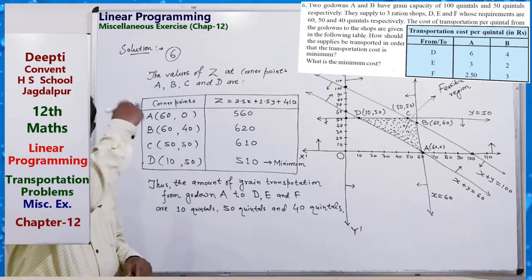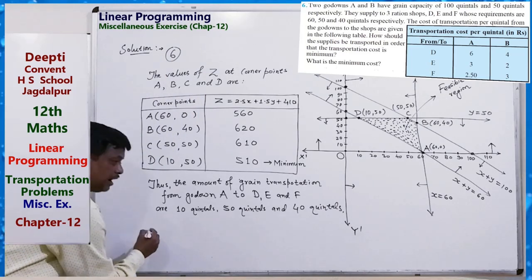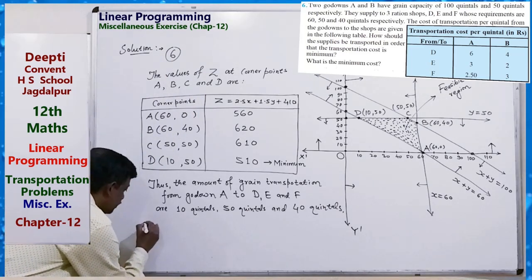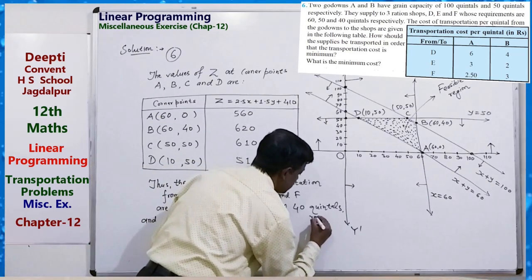Because x, y, and 100 minus x minus y, respectively.